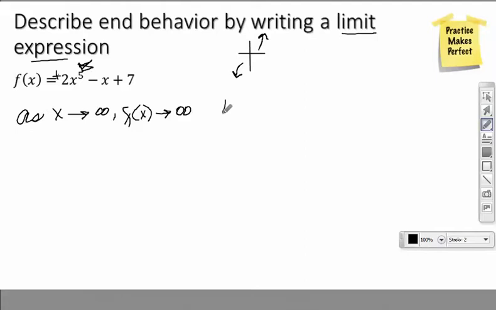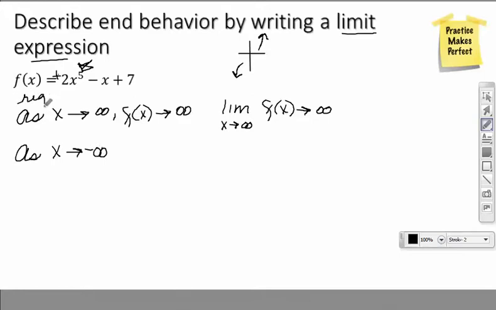I'm going to write LIM, that's for limit, and then under that I'm going to say x approaches positive infinity, and then right beside the LIM I'm going to write f of x approaches positive infinity. And all that is just less writing, and it makes your answer more compact. So also by looking at our graph, this is for the left side.